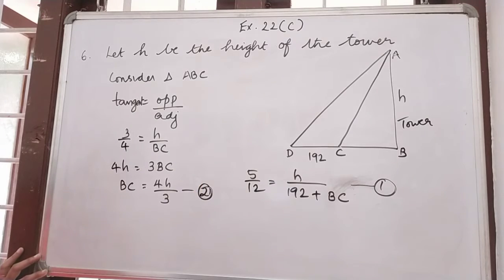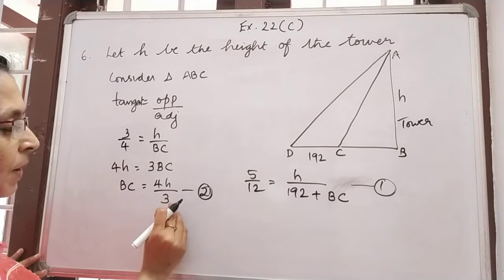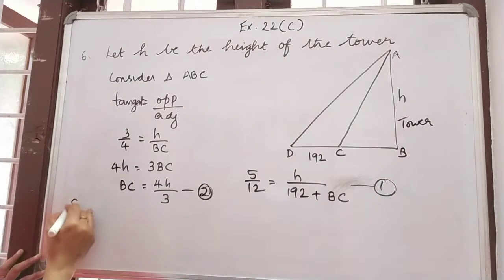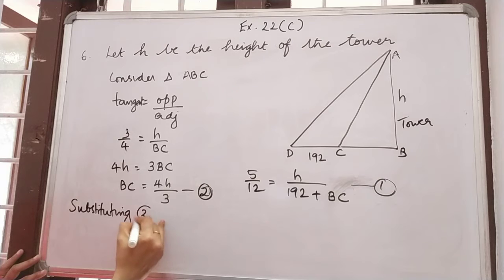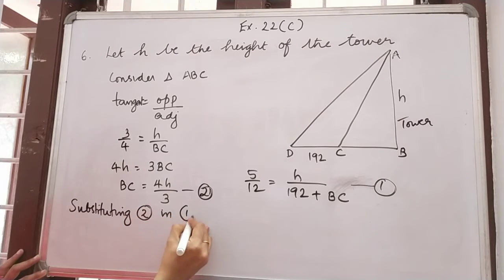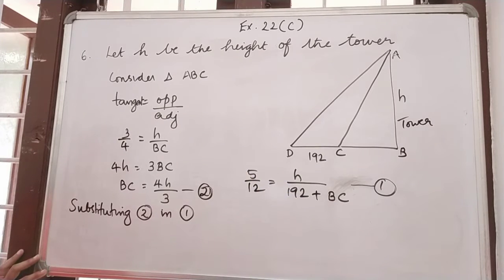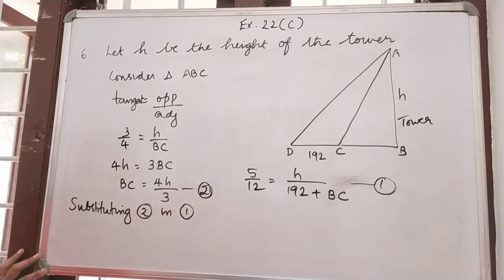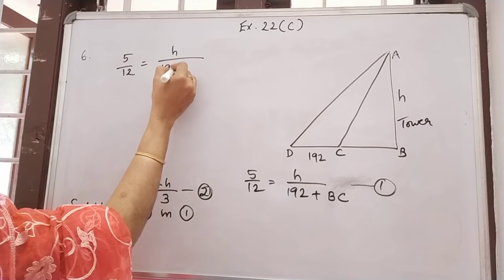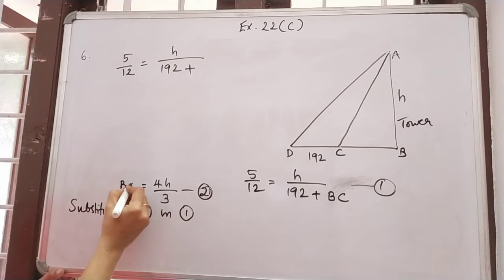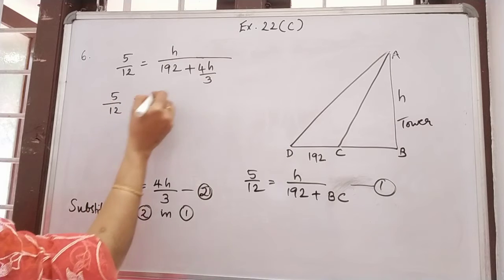Substituting the second equation, BC is equal to 4H by 3, in equation number 1. So equation number 1 becomes 5 by 12 is equal to H divided by 192 plus, instead of BC, 4H divided by 3.